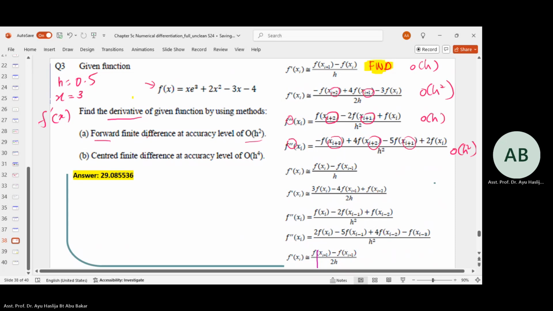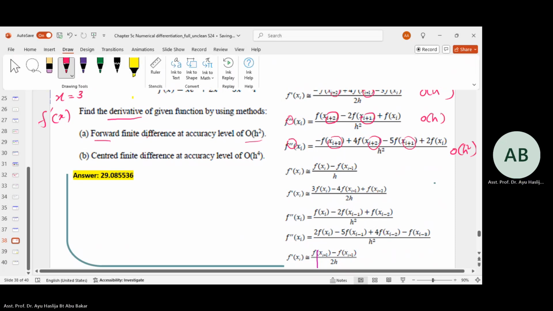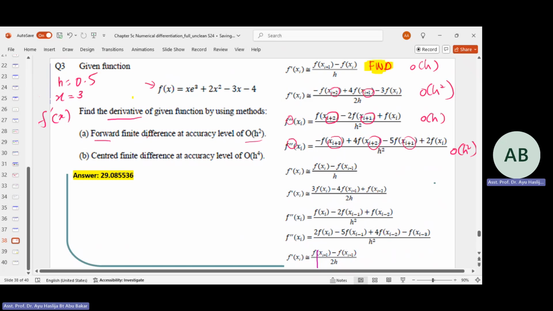For the test, I might ask for the second derivative. Now this first is for forward.